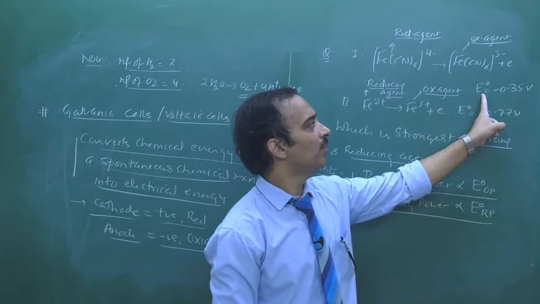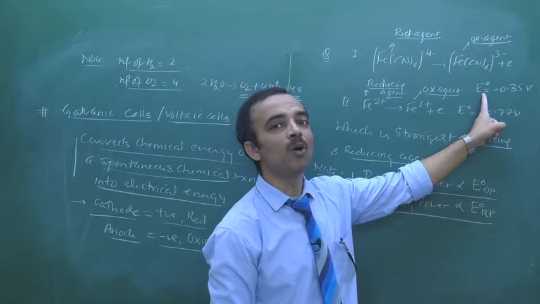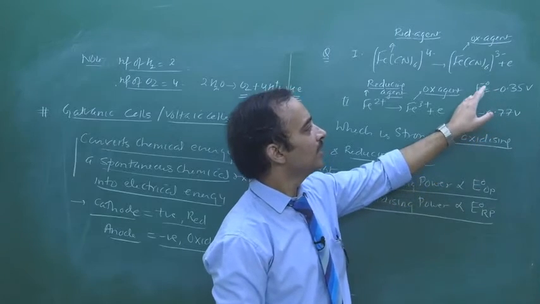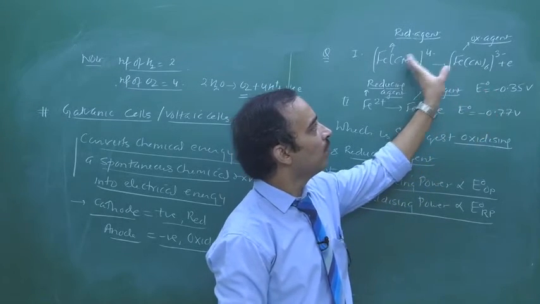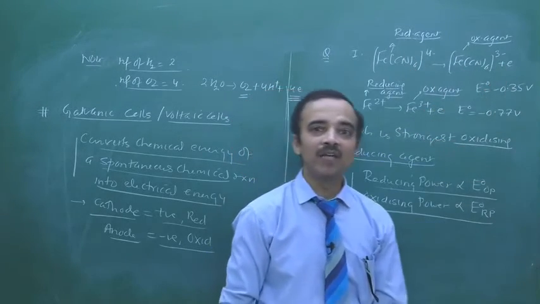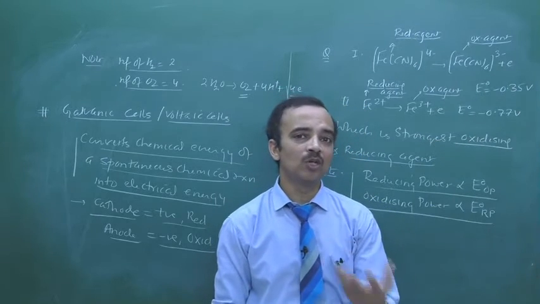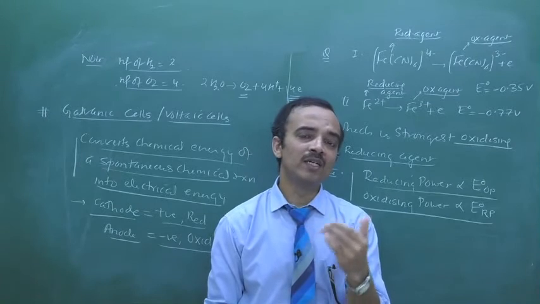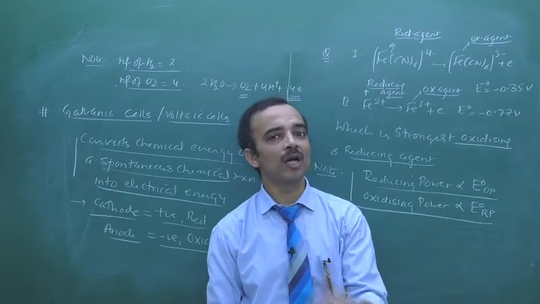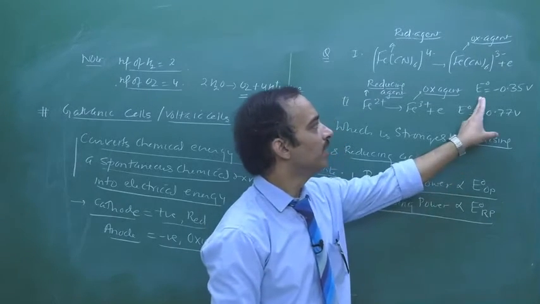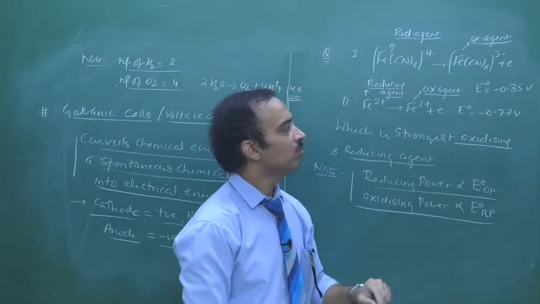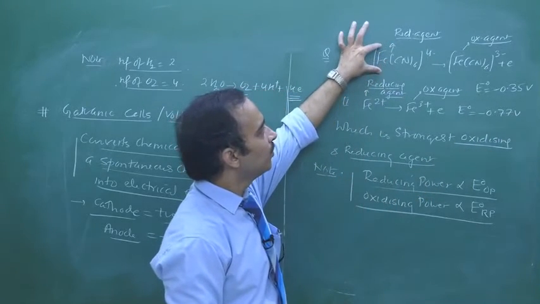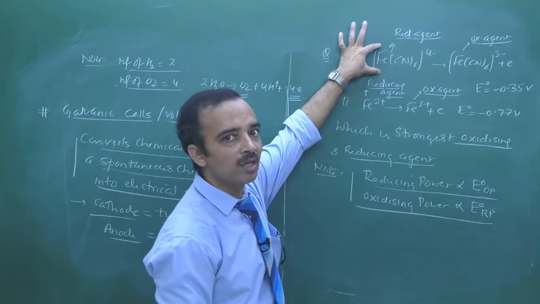Is it E naught RP or is it E naught OP? Beta, OP. Why? Because it is written along with the oxidation reaction. If E naught is written along with an oxidation reaction, then it is E naught OP. If it is written with a reduction reaction, then it is E naught RP. So it is OP, it is also OP. Can you see, the oxidation potential of this is more.